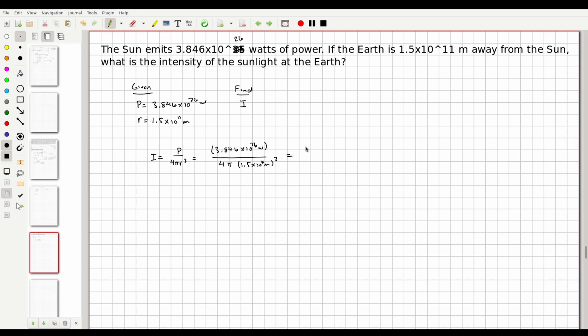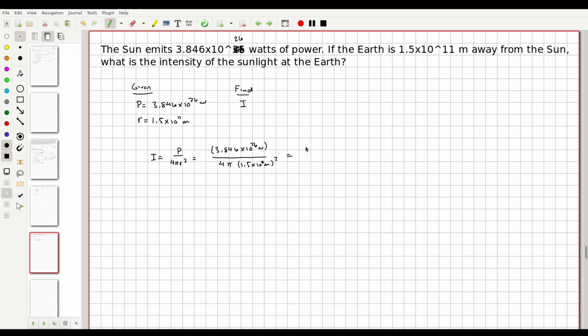So if you perform this calculation, let me do it real quick. Let's see, 3.846 times 10 to the power of 26, divided by 4 times pi times 1.5 times 10 to the 11th meters squared.